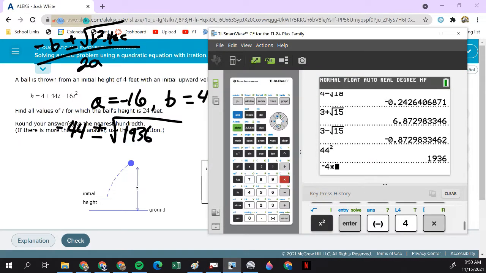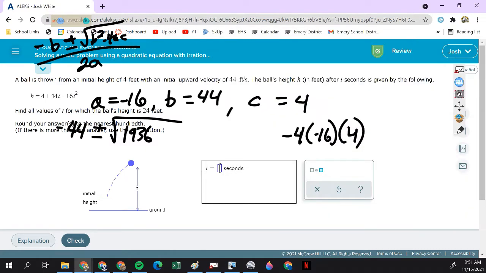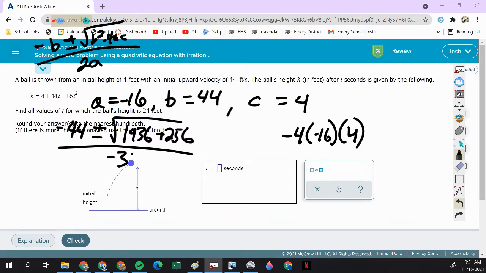Negative 4 times 16 times negative 4. Oh, it's negative 16. Sorry. Negative 4 times negative 16 times 4 is 256. So we get plus 256 over negative 16 times 2 is negative 32.